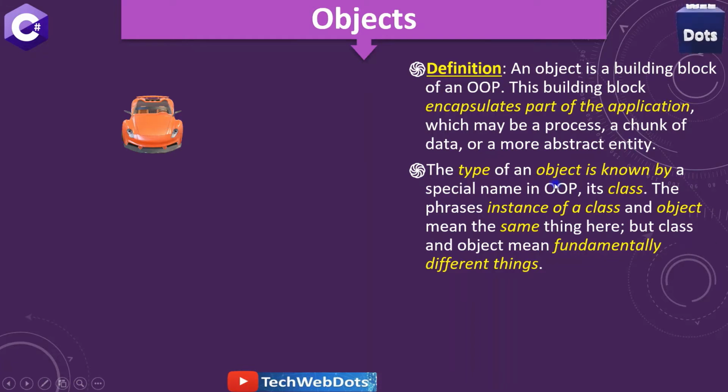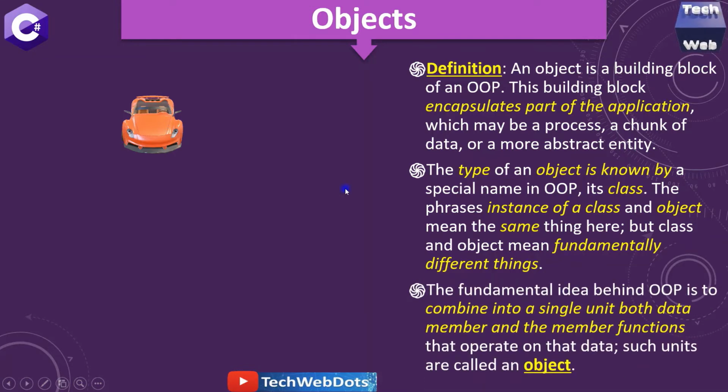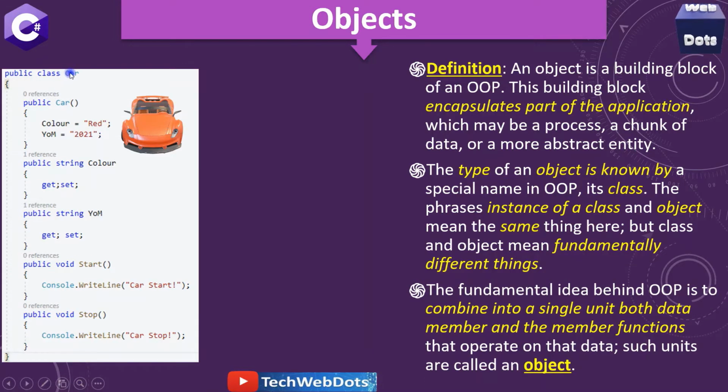The type of an object is known by a special name in object-oriented programming. It's class. If you recall, in the previous example we created the object of the car and gave it the name Toyota. So what was the car? That was a class. It means it is a type.